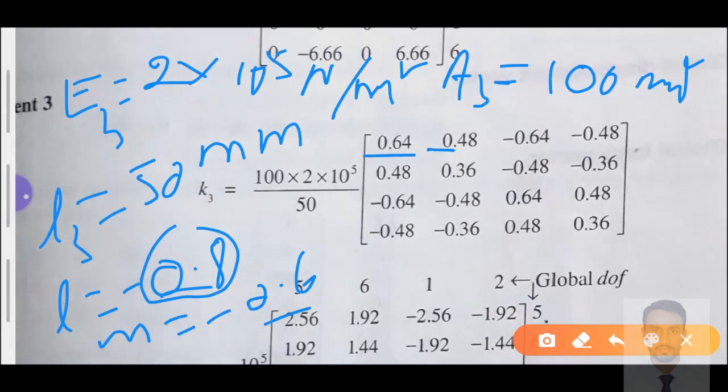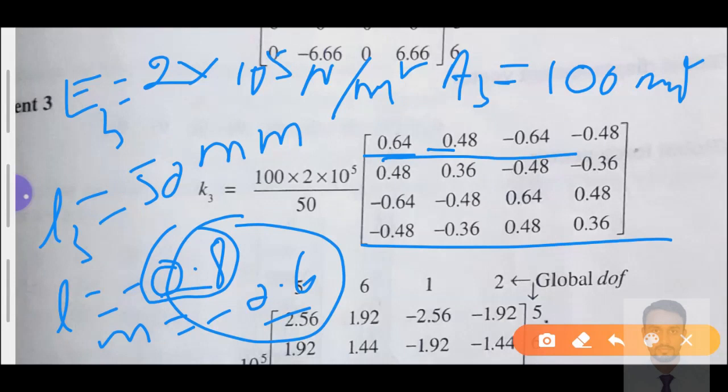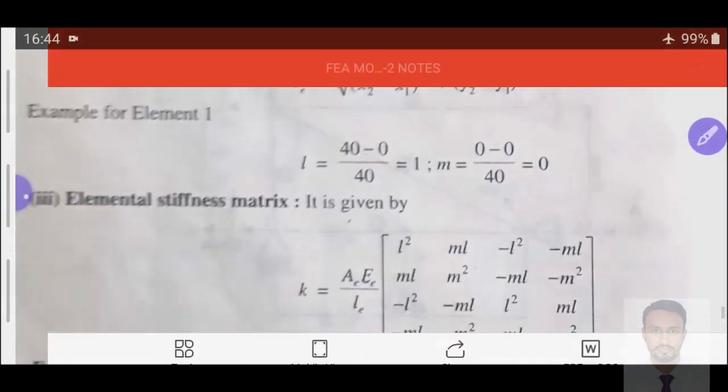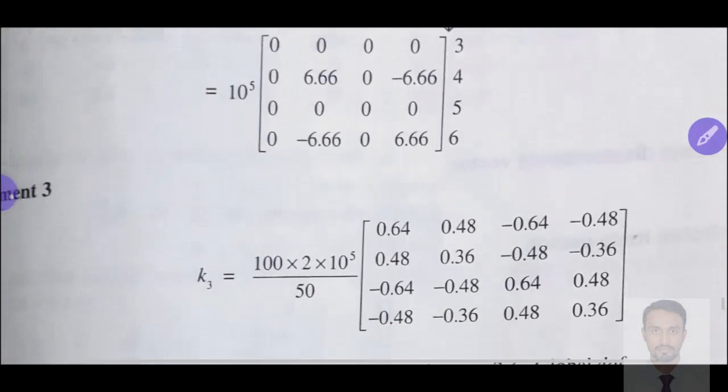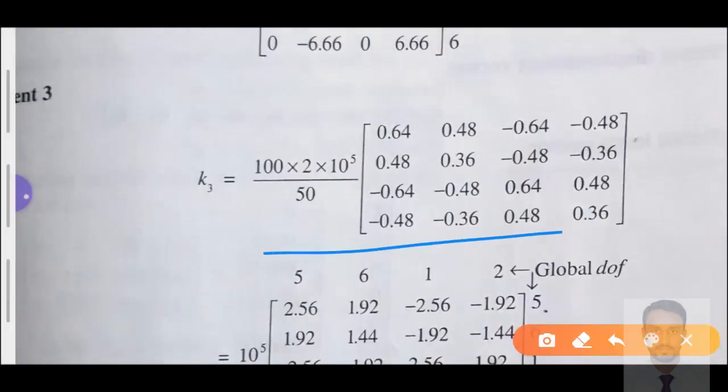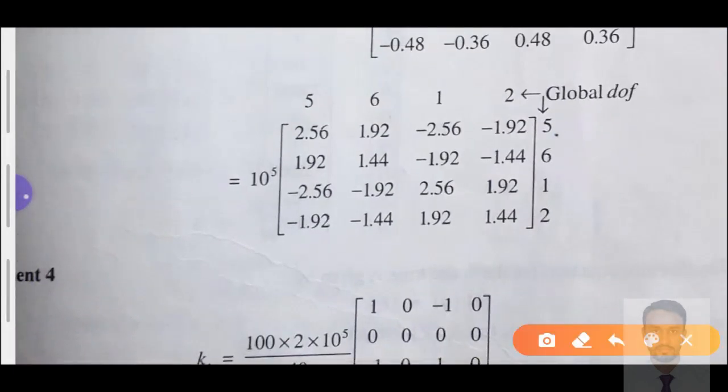So here we have substituted all these values in the matrix, and we get this matrix. We know how to substitute and get the matrix. All the values you substitute in the given elemental stiffness matrix. Finally we get the elemental stiffness matrix for element number 3, that is K3.